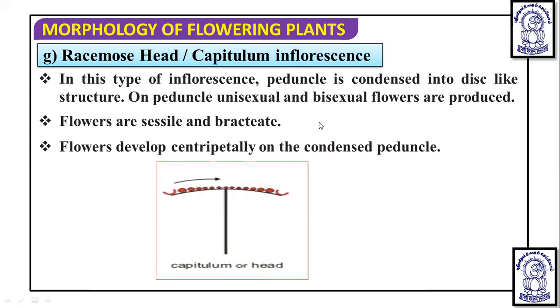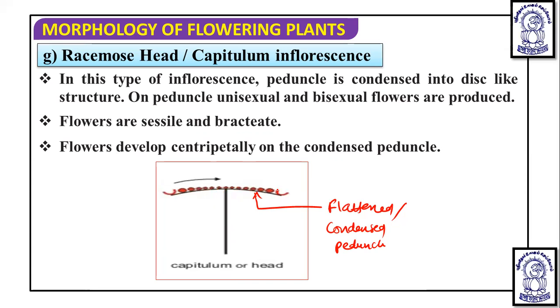So if you see the capitulum, it looks like this. See, this is the peduncle and this is the flattened or condensed peduncle, and over it the flowers are arranged.